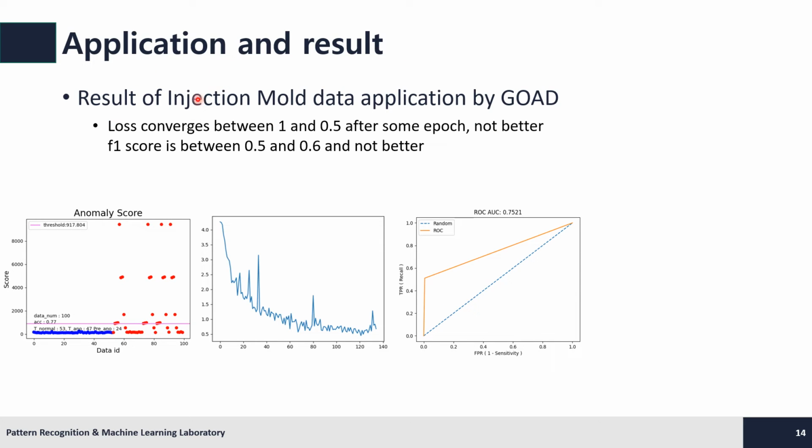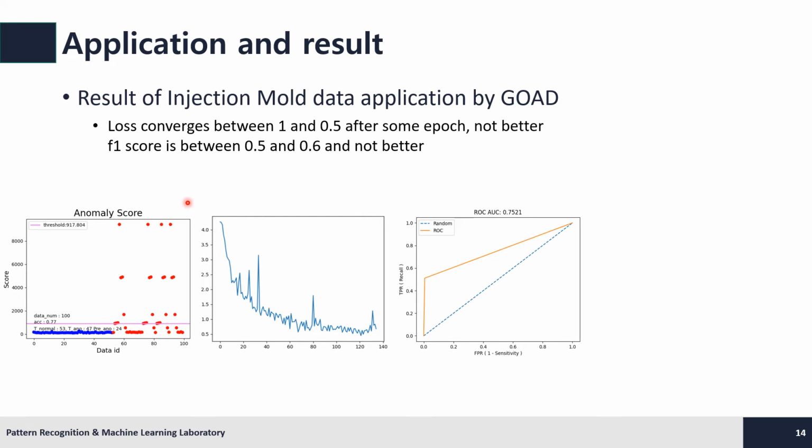Here are the results for my data, the hackathon data. After some epochs, the loss value has been converging between 1 and 0.5, and it has not improved.